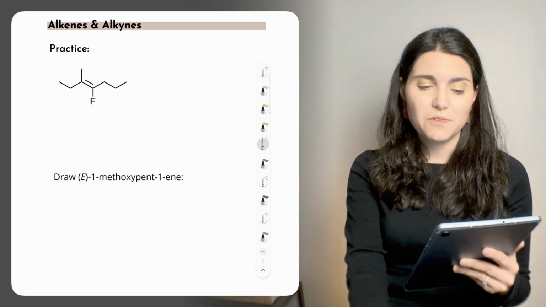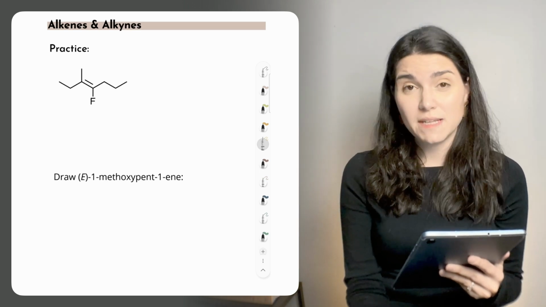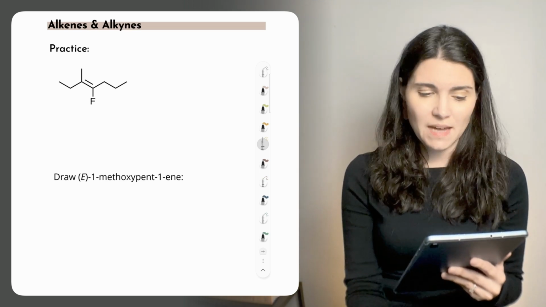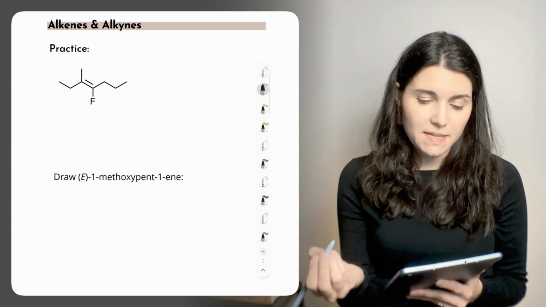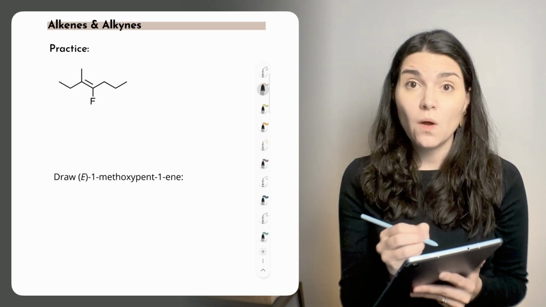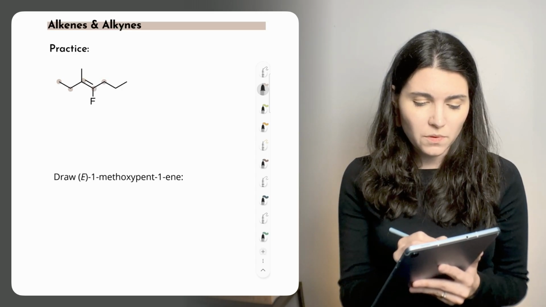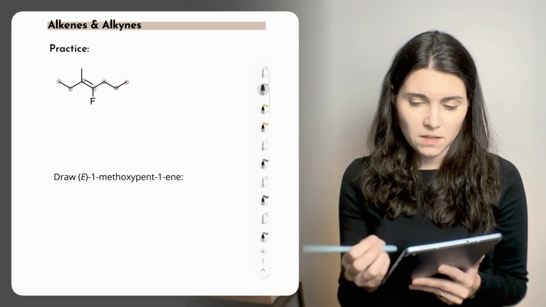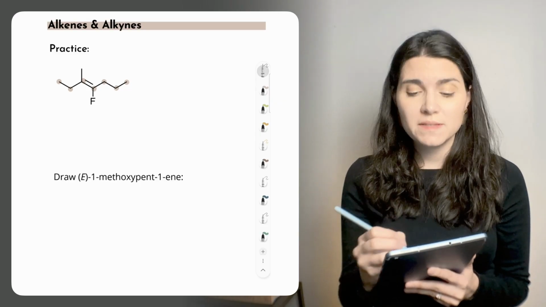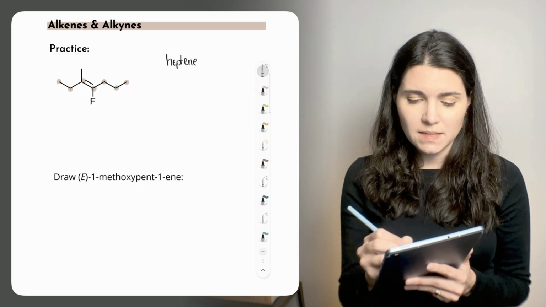So let's do a little bit of practice because I know that was a lot of information and it does make a little bit more sense when you're going through actual examples. Okay, so our first example, we're going to find the parent structure, the longest chain with the double bond included. So 1, 2, 3, 4, 5, 6, 7. So 7 carbons, that's a heptene.